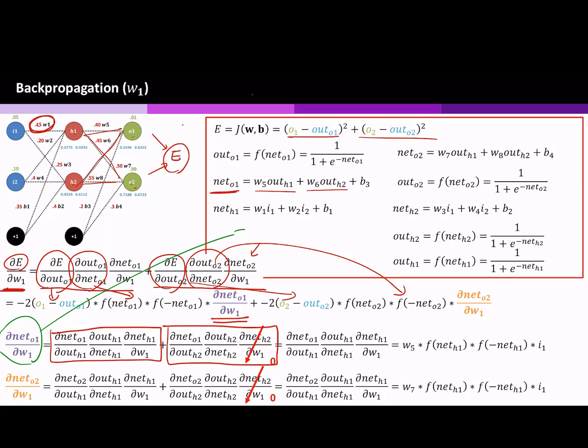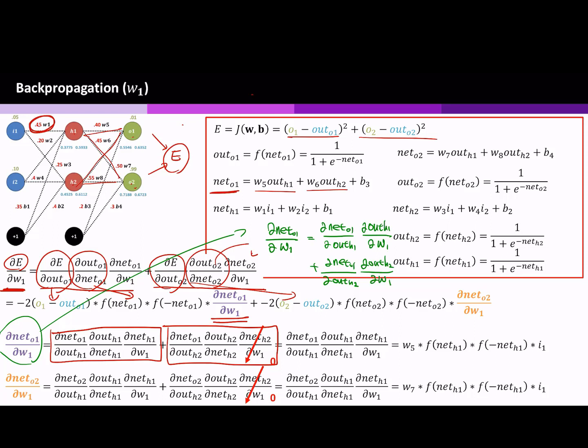Basically, partial net O1 over partial W1 is the partial net O1 over partial out H1 times partial out H1 over partial W1, plus partial net O1 over partial out H2 times partial out H2 over partial W1, right?